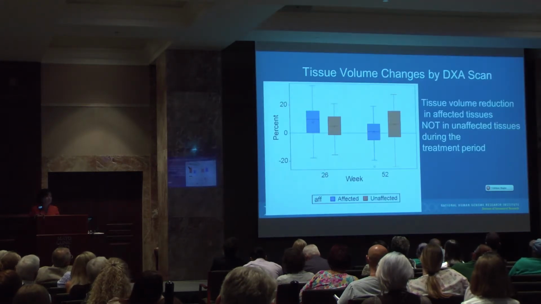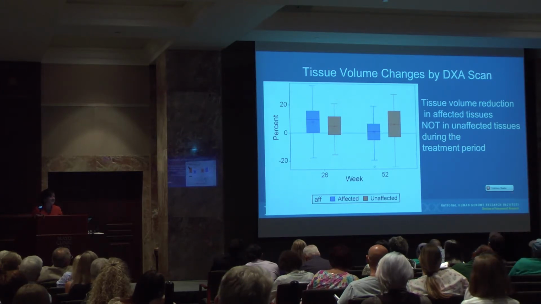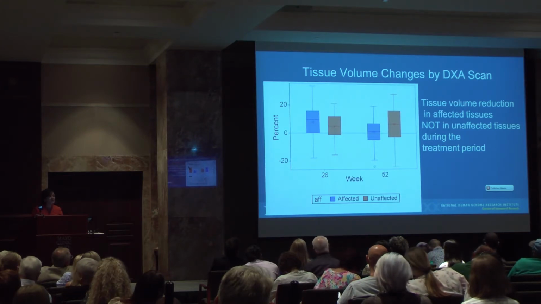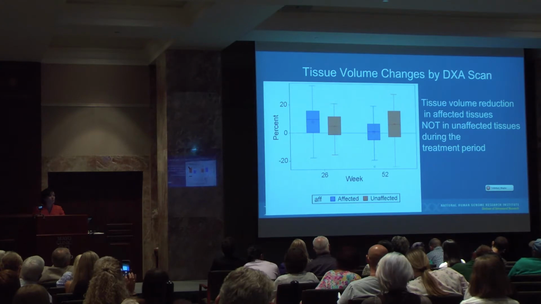I'm not going to show you all the data from our trial, but the bottom line is that when we looked at percent tissue volume change, and this is looking at the treatment period compared to the pre-treatment period, we saw that there was volume reduction for the tissues that had the overgrowth or were affected with the abnormalities.